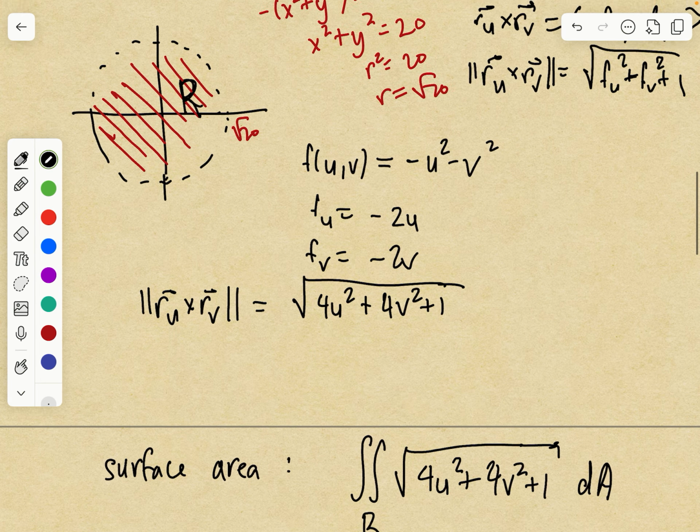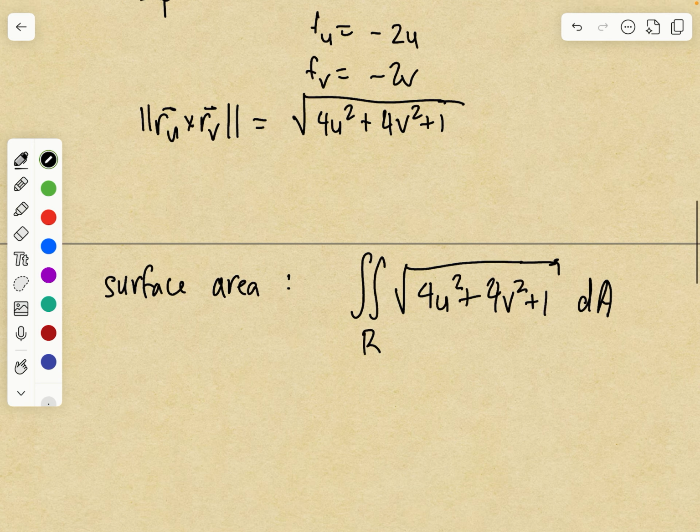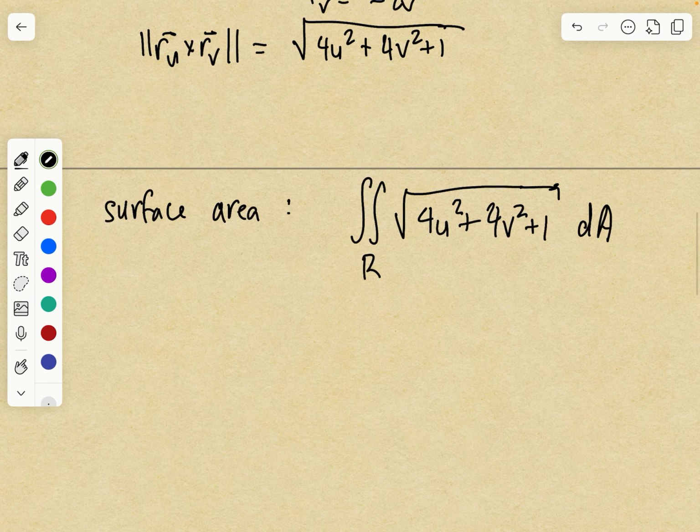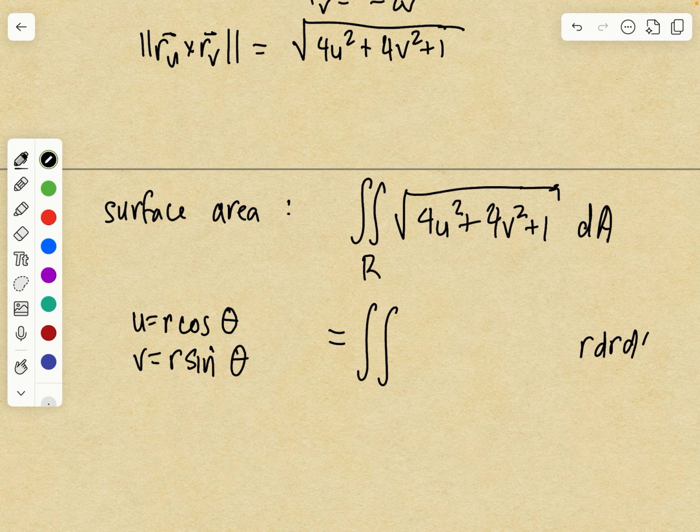Now I'm integrating over a circular region centered at the origin, so I need to switch to polar coordinates. I use u equals r cosine theta, v equals r sine theta, and I replace dA with r dr d theta.